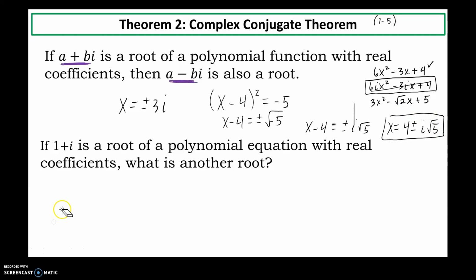They occurred in a pair. So whenever we deal with imaginary solutions, they always occur in pairs. And this is very important for when we go to actually use these to determine the equation of a polynomial. So if 1 plus i is one root of a polynomial, what's another root? X equals 1 minus i, because that's its complex conjugate pair.